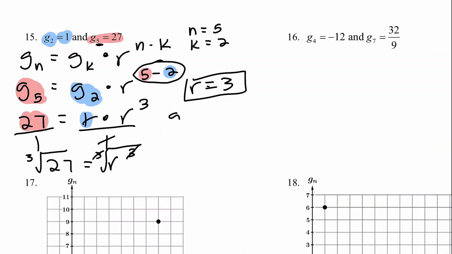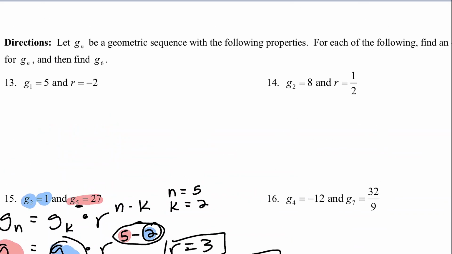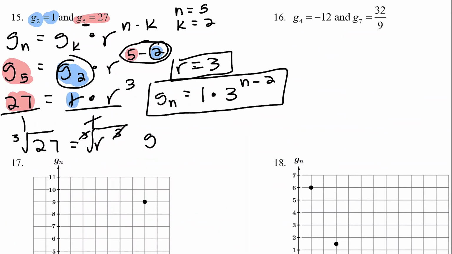Once you get that, if they want you to find G of N, now I can plug in G of 2 and 2. So again, I can plug in the 1. My R is 3, and I can leave this as N minus 2 now, and that would be G of N. I think they want you to find G of what, 6? So you can finish that.